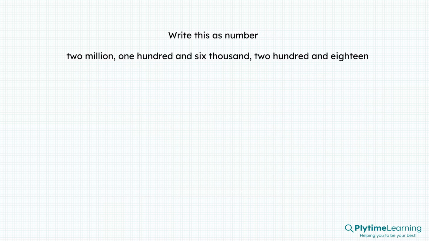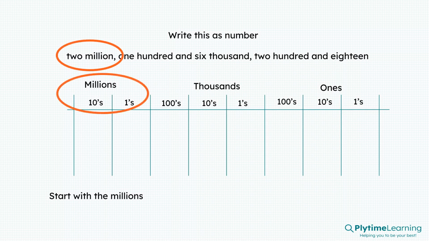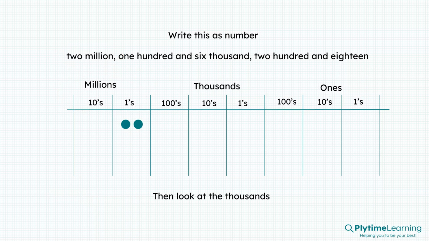Write this as a number: 2,106,218. We write our columns and we start with the millions. It says 2 million, so we put 2 in the millions column, in the 1 millions. Then we look at the thousands.